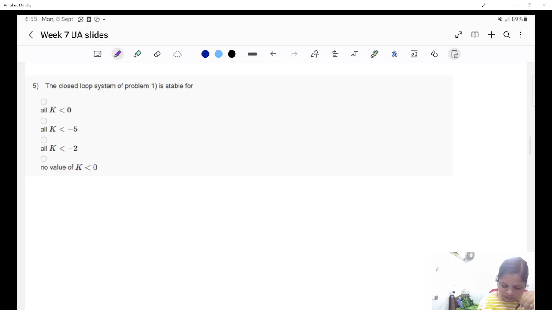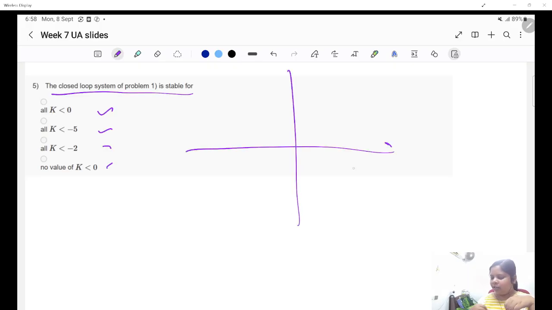Okay. Now after this, the closed loop system is stable for what values of k? So what was our region on which we were drawing everything?